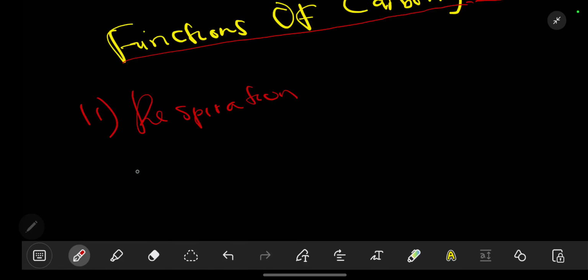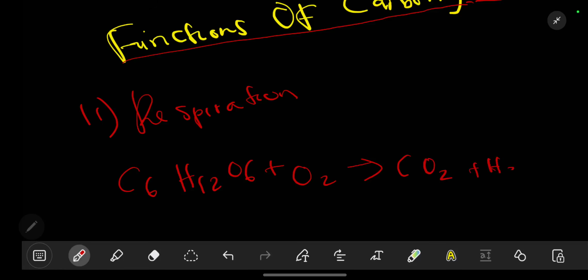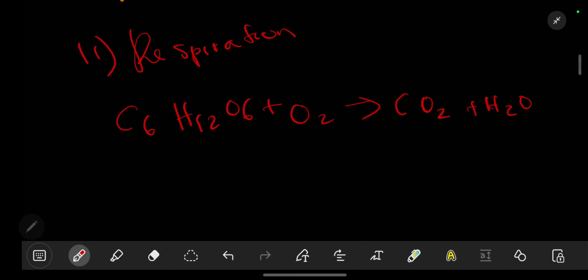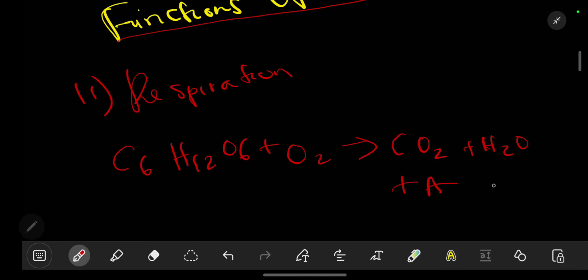You might be familiar with reactions such as C6H12O6 plus oxygen, which produces carbon dioxide and water. Not only carbon dioxide and water, but also adenosine triphosphate, which is the energy that is used to power many cells.